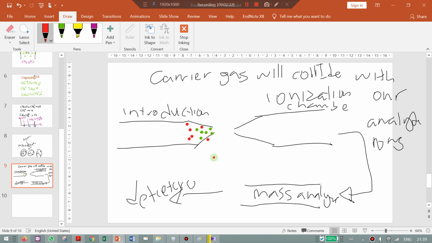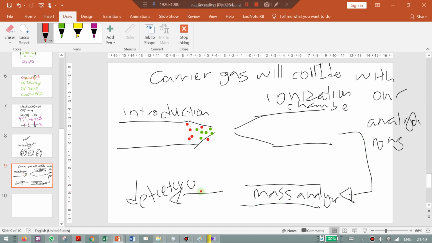So in the vacuum condition, without pressure or at very low pressure, the function of the carrier gas is only to bring our analyte ions from the inlet to the ionization chamber, to the mass analyzer, until the detector.